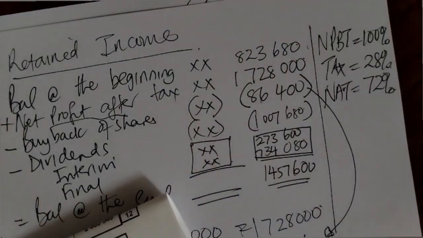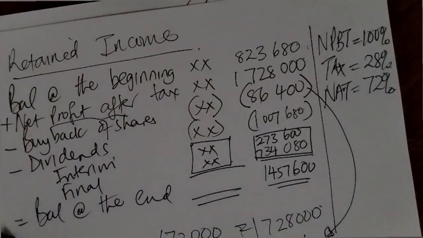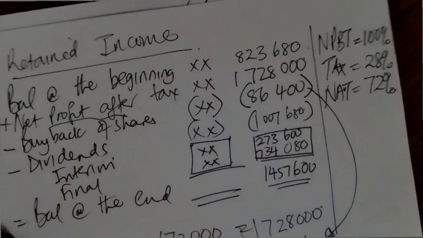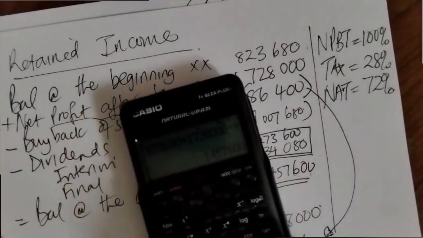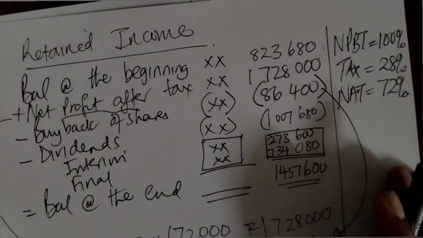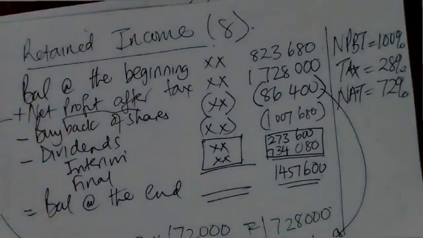Then you can verify from the top if this is going to balance, since our closing balance was already given. That's 823,680 plus 1,728 minus 86,400 minus 1,007,680, and it gives us 1,457,600. So this is our retained income, which is your note number 8.